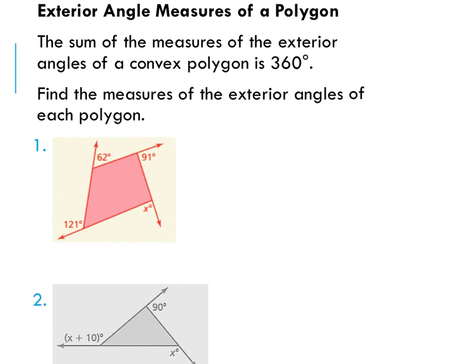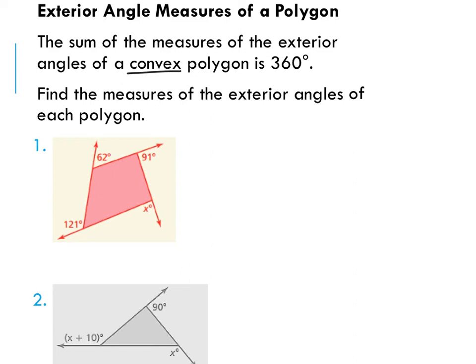In the last examples that we did, the sum of the interior angle measures of a polygon will change depending on the size of the polygon. But for exterior angle measures of a polygon, the sum will always be 360 degrees. But do notice it does say convex polygon, so it's always going to have those exterior pushing angles, no angles that are going to be going inward, to be able to get that exterior angle measure of 360 degrees.